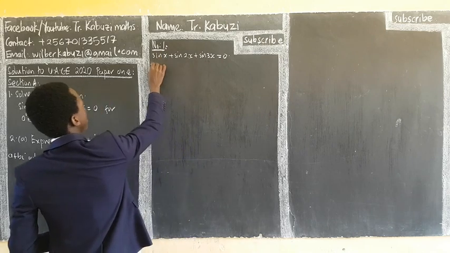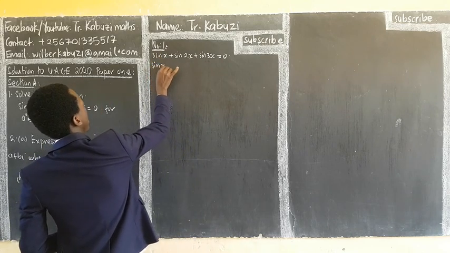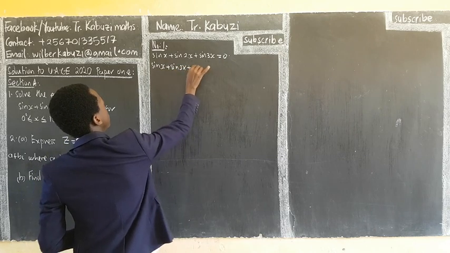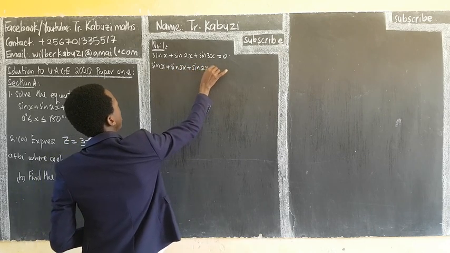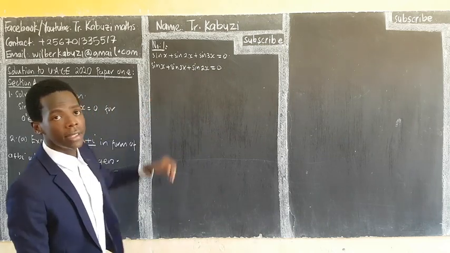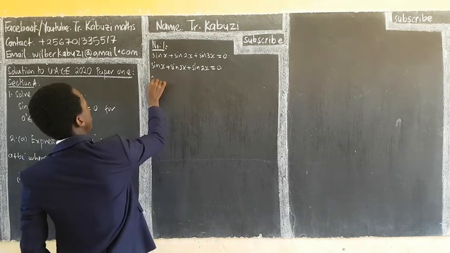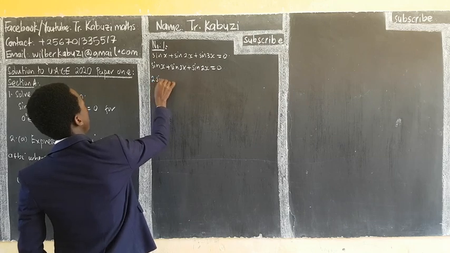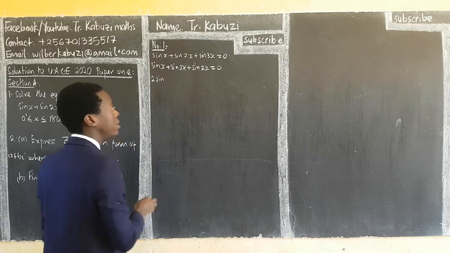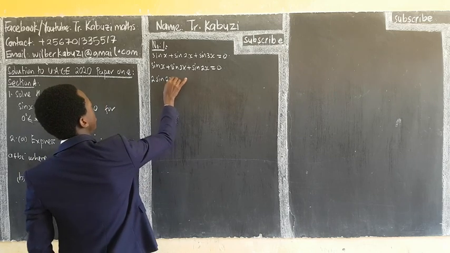So now, this will be sin x, sin 2x equaling 0. Now here is the factor formula of sine. This is going to be 2 sine. We add this plus this, that will be 4 divided by 2, which will be 2x.